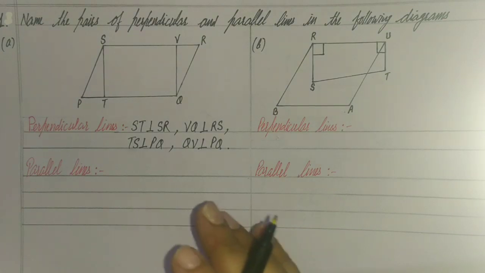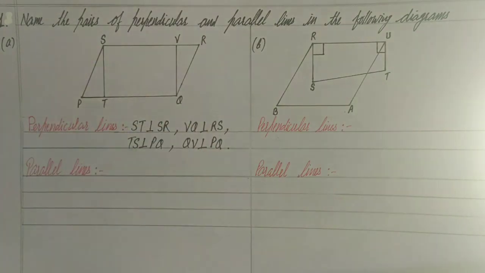So these are the four pairs of perpendicular lines in the first figure.